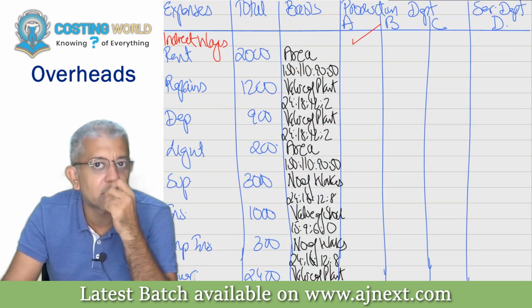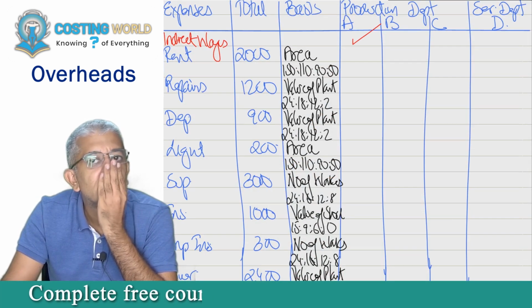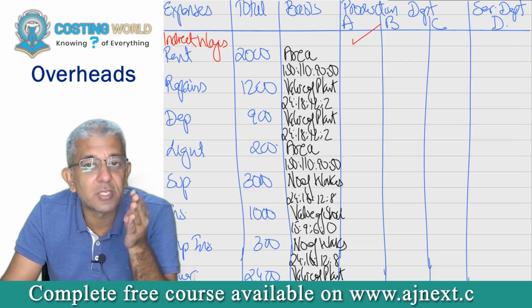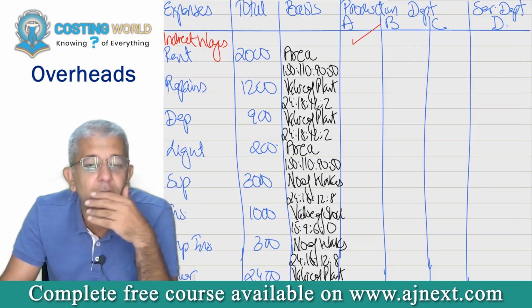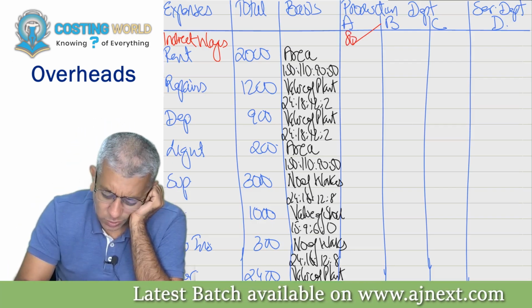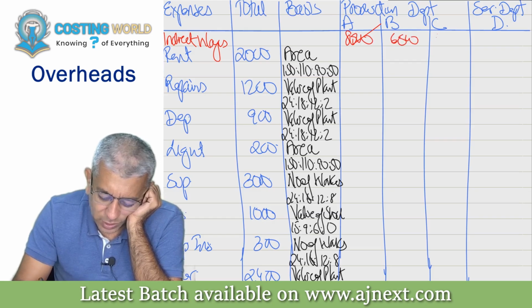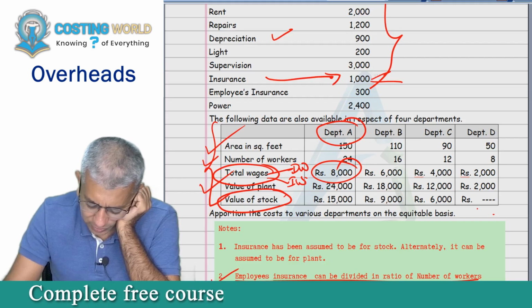I'm asking you all yes or no. Yes, because indirect wages is factory overheads, and you are making the statement for factory overheads. Yes, sir. 8,000 will come over here, 6,000 will come over here, 4,000 will come over here, 2,000 will come over here. Is that fine?